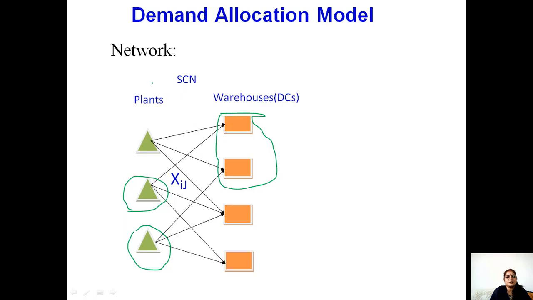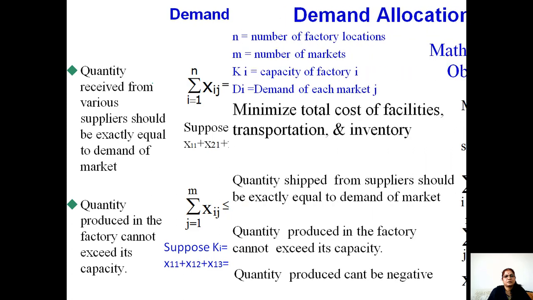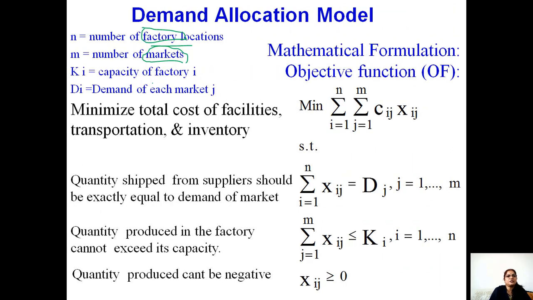Similarly, small j stands for the demand warehouse or the customer. If j is equal to 2, then I am referring to the second customer. If j is equal to 4, then I am referring to the fourth customer, like that. M and N will take only one value. N represents the number of factories.